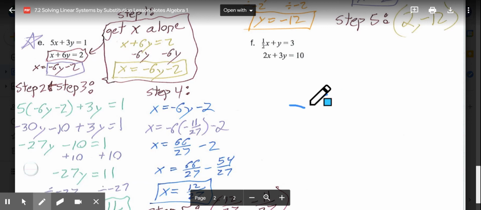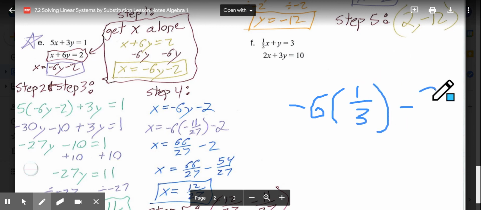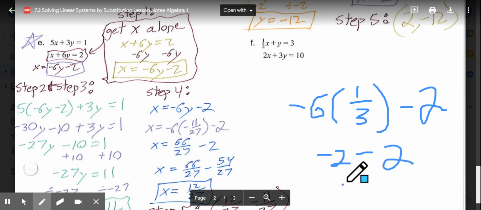So a negative 6 times 1/3 minus 2. A negative 6 times 1/3 is a negative 2. And a negative 2 minus 2 would be a negative 4. So x in this case would equal a negative 4.